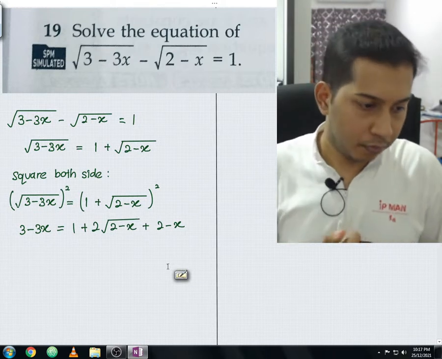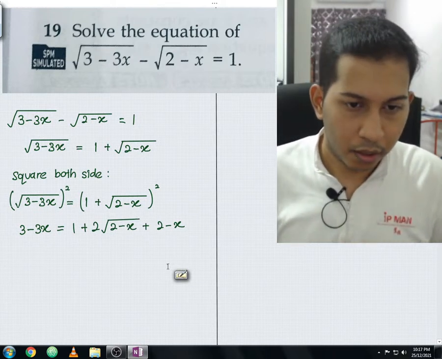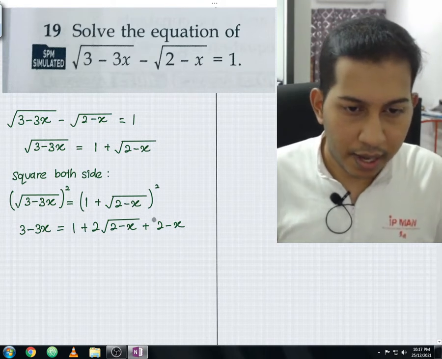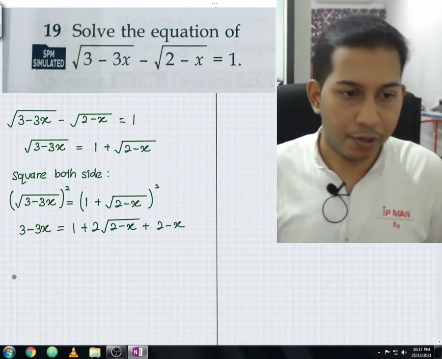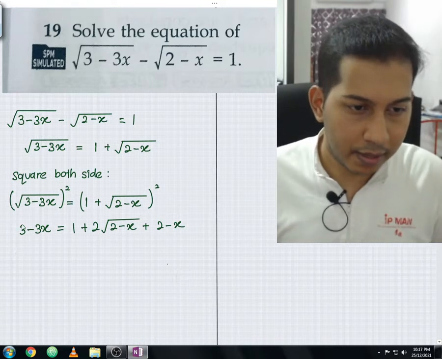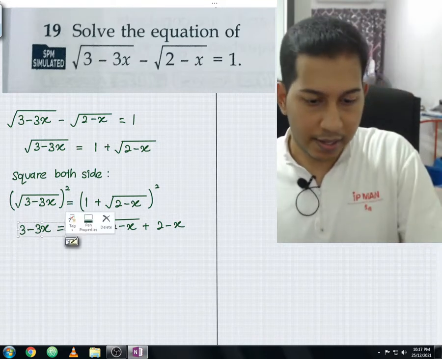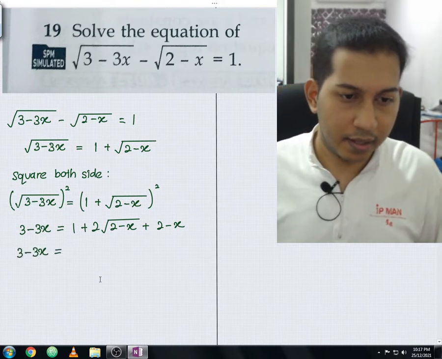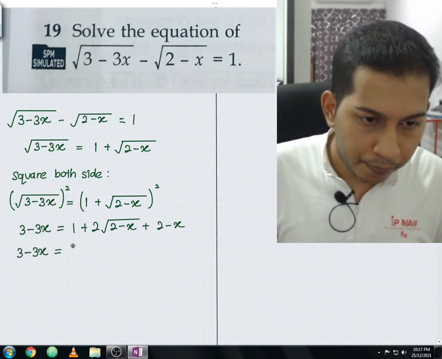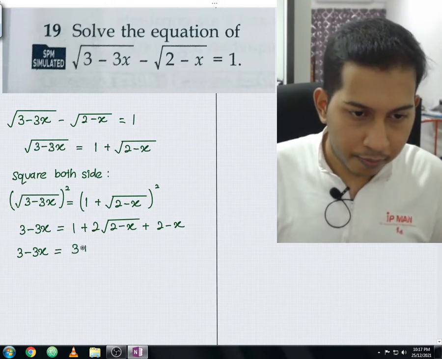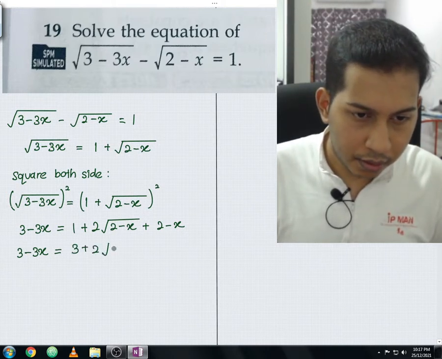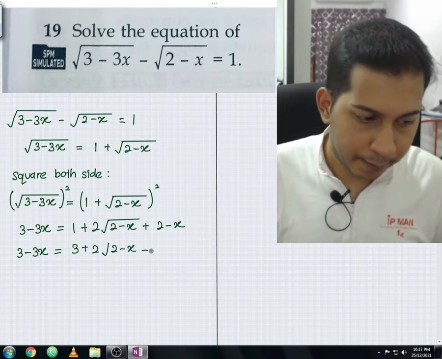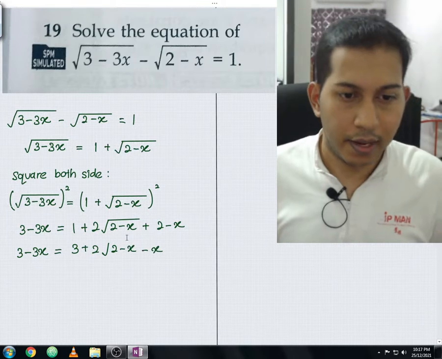For the next step, the 1 and 2, you can add them together, so it will become 3. Let me just copy paste the left hand side since it has no changes. So from here, 3 − 3x equals to 3 plus 2√(2 − x) minus x. Let me underline the surd.